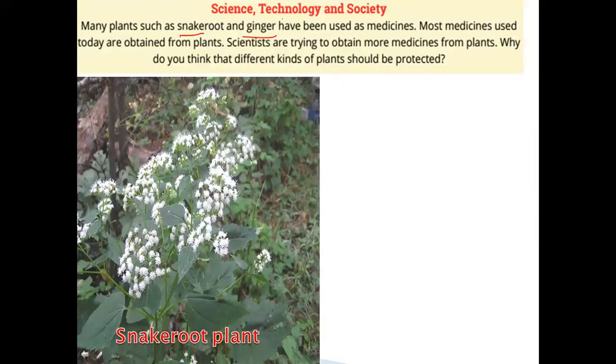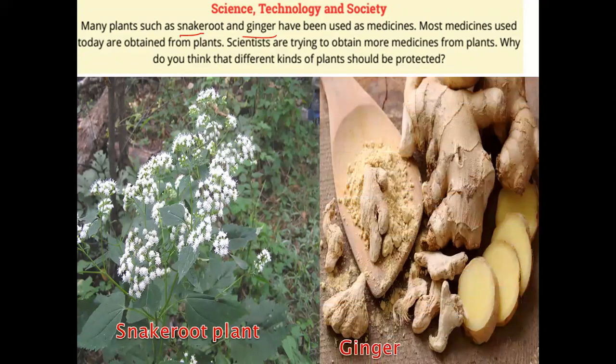This is a snake root plant, which is used for medicine, and this is ginger, which we use in dry form and in fresh form, in many medications for fever, for vomiting, and also for weight loss. And the extract of the snake root plant's flowers and leaves we use for snake bites, etc.